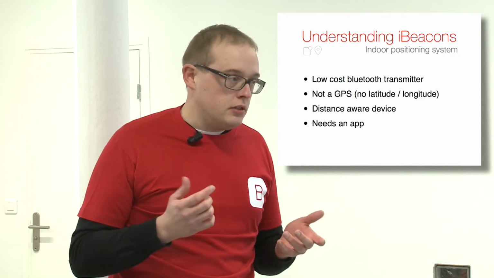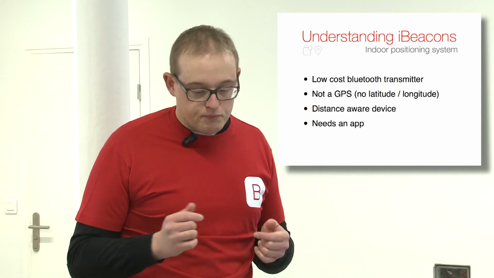This information will be received by a smartphone, tablet, and so on, and used by the device to know its position. But it's not GPS stuff like latitude and longitude. It's just information about the distance between the smartphone and the beacon.